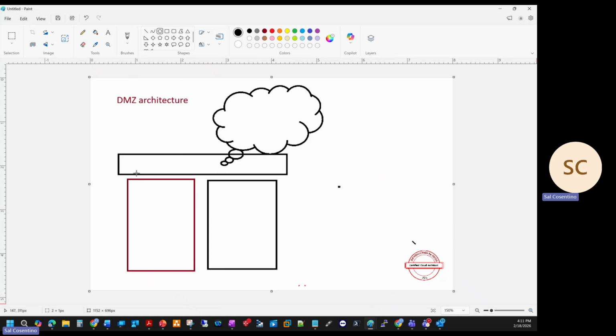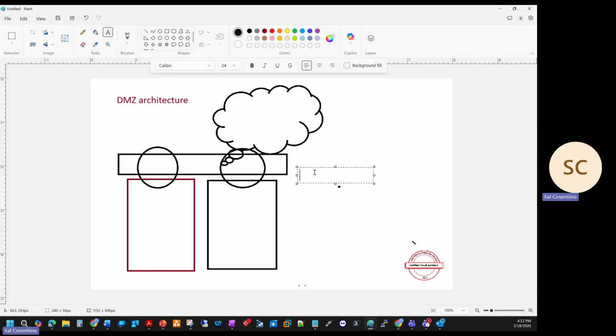So you'll need routers for internet. We know what that is, right? And we know what our firewalls are. We know that our firewall can be anything, based on the four that we talked about.